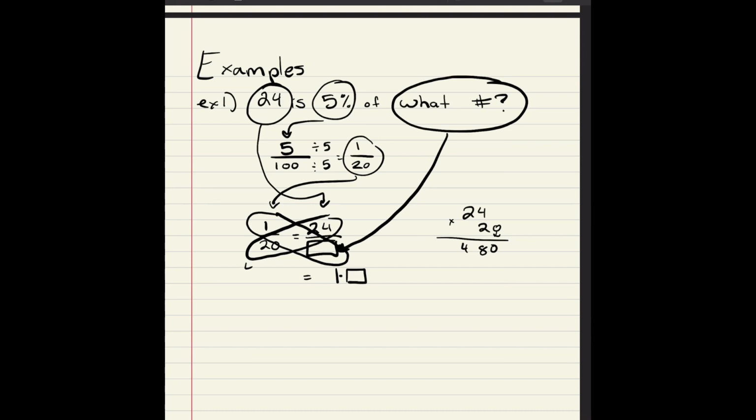So equals 480. So I'm going to rewrite this as 480 equals 1 and the unknown. Now I need to bring this to the other side. So 1 cancels out here. 480 divided by 1 equals 480. So the unknown equals 480.